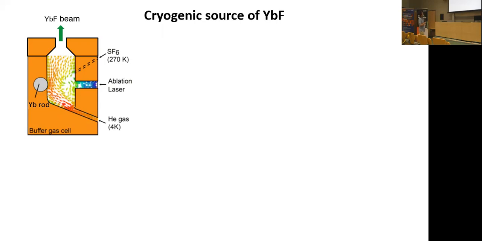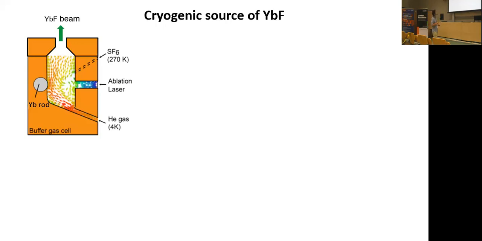Down this tube, we have SF6 gas, and all of these are mixed inside. By the miracle of chemistry, we have YbF molecules. At this time, the temperature is fairly high, a few thousand Kelvin, but they collide with helium atoms many, many times and are cooled down, and they come out through this aperture as YbF molecules.